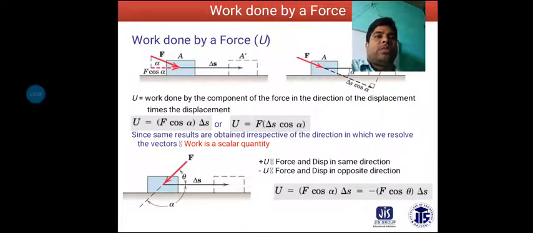The same result is obtained irrespective of the direction in which we resolve the vectors, since work is a scalar quantity. Plus U means the force and displacement are in the same direction, and minus U means the force and displacement are in opposite directions. So U is equal to F cos alpha del S, and that is also equal to minus F cos alpha cos theta del S.